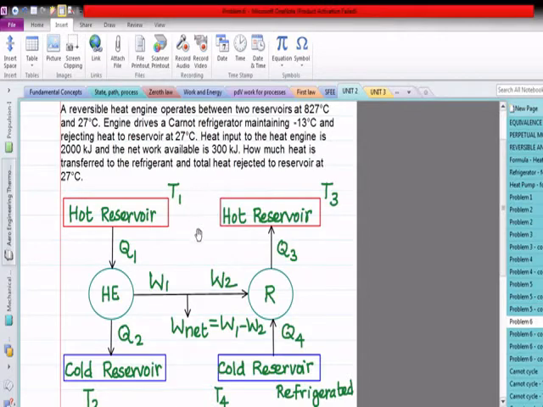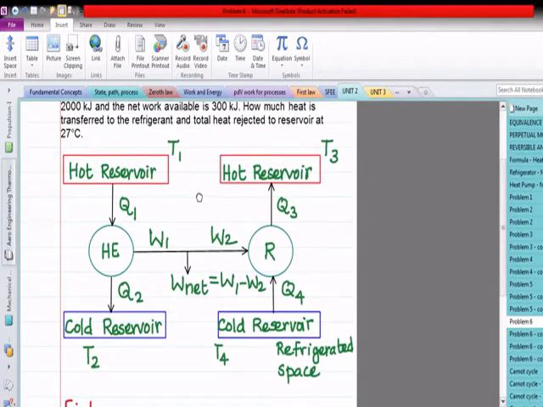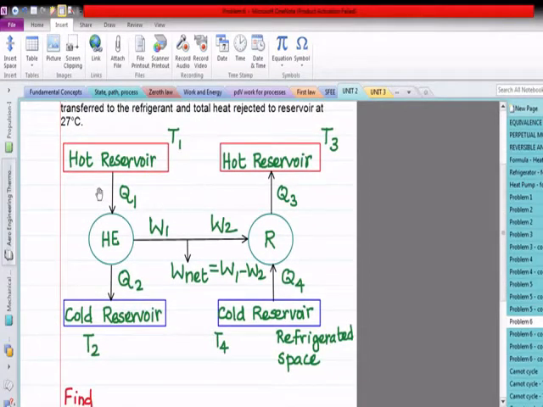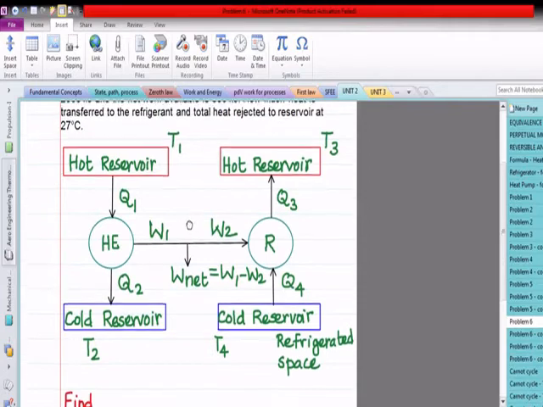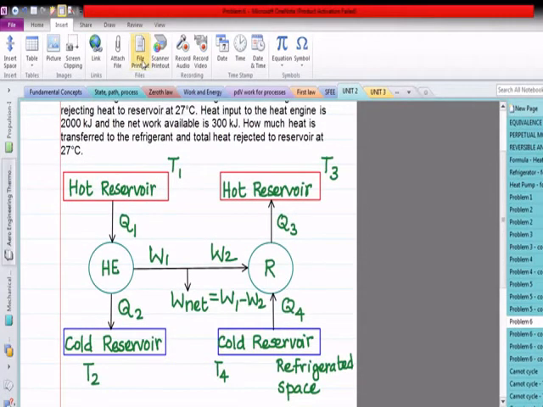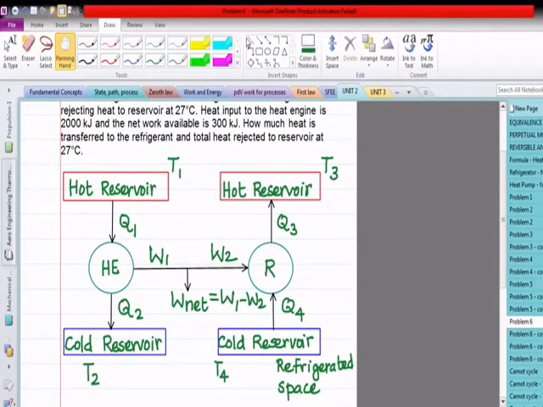That one we have to find out. Okay. So what we have to do, we have to draw a block diagram in this way. And you should be very careful with this term net work available. If the term net work available is given, as I already told, it should be taken as W1 minus W2.